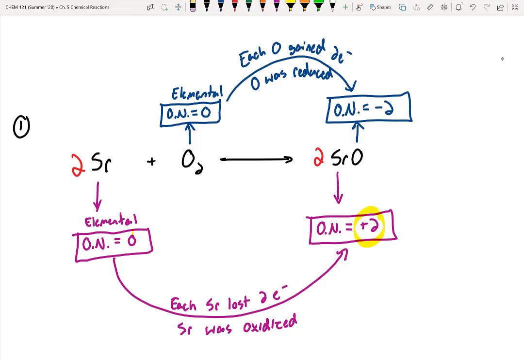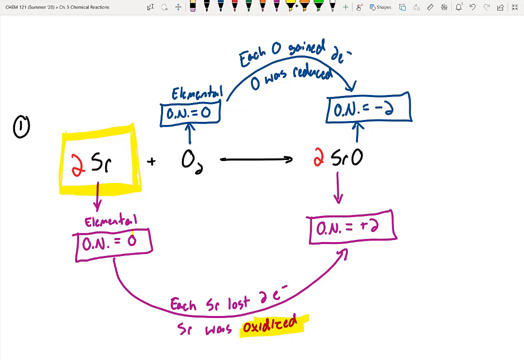Okay, so now the tricky part. Let's assign oxidizing agents and reducing agents. So let's think about this element over here. So if we think about it, right, the strontium we said was oxidized. But what does that tell us about the reagent itself? Was it an oxidizing agent or reducing agent? Reducing agent?